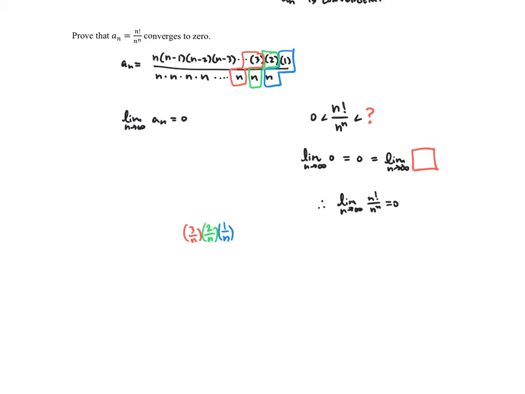And I've got, oh, I'm running out of colors, n minus 3 over n. Let's do a little ellipsis here. See if I got any more colors. There we go, I got one more. I got n minus 2 over n, and n minus 1 over n, and then I've got n over n.